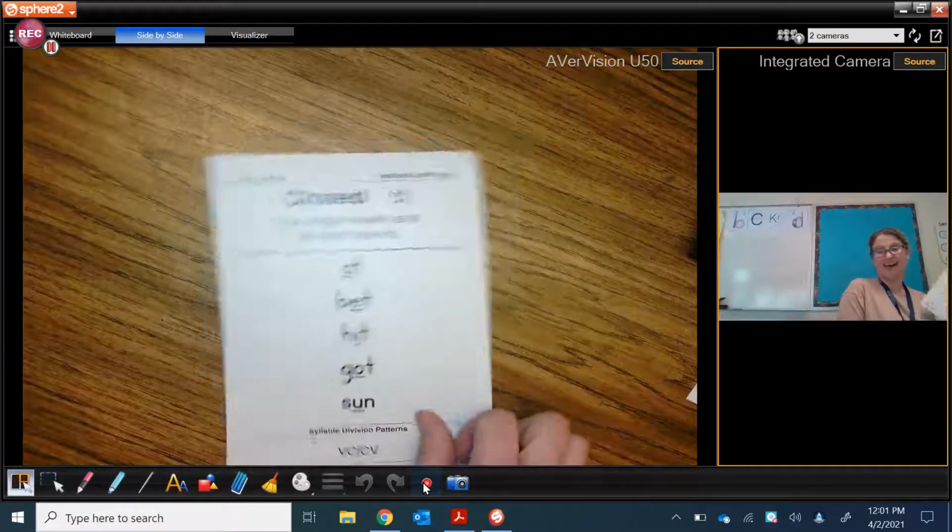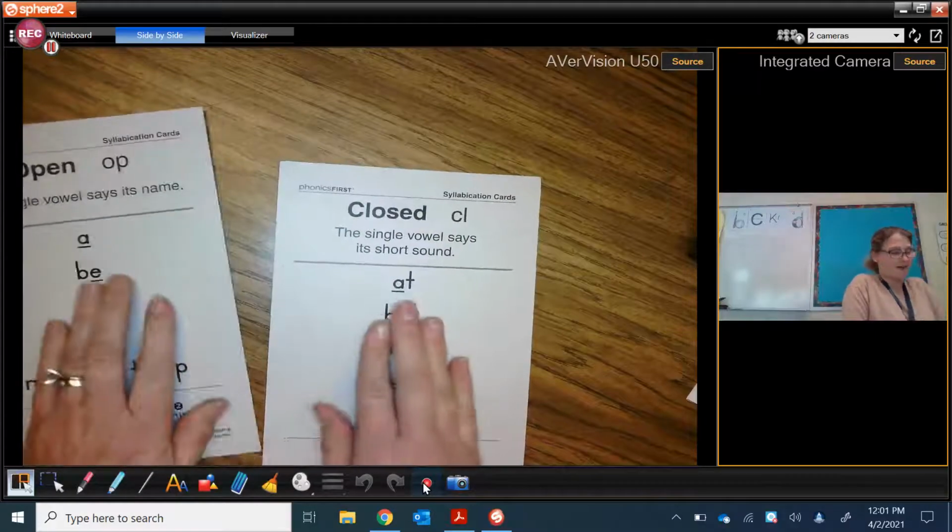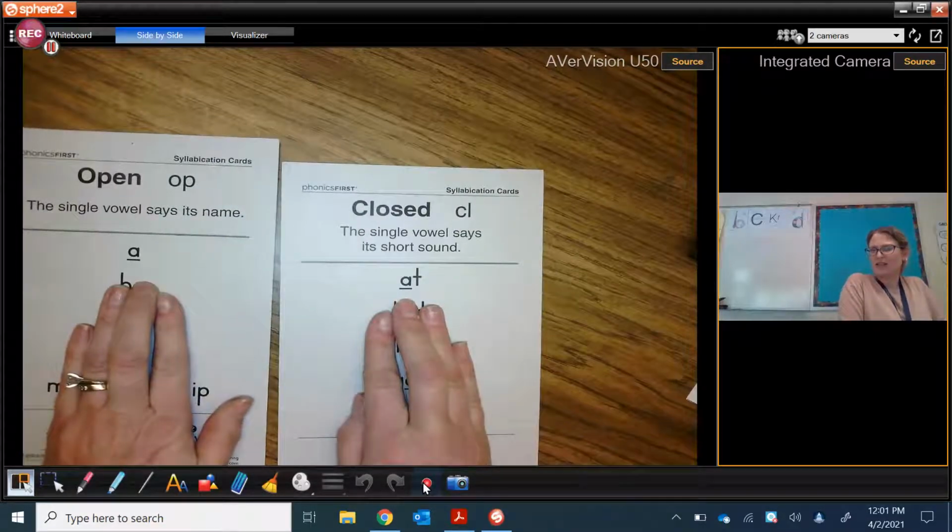Our closed syllables are when I have a vowel and I put a letter behind it and it cuts it off. So if I have A and it talks a long time, well, a consonant T comes and makes it be short. Can't be long anymore. Now it has to be short because the consonant closed the door. So now it's at.